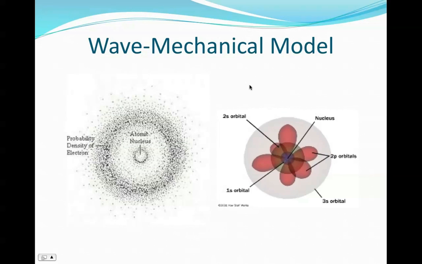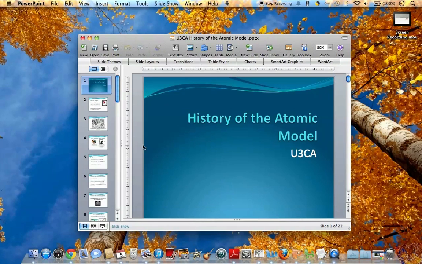The wave mechanical model is sometimes called the electron cloud model because the darker the cloud is in our pictures, the higher the probability of finding that electron. We'll see later on that electron clouds are not just circles. They take on various shapes depending on the size or type of orbital that they are. Okay, so just make sure you go back and review Dalton, Thomson, Rutherford, Bohr, and then the wave mechanical model.